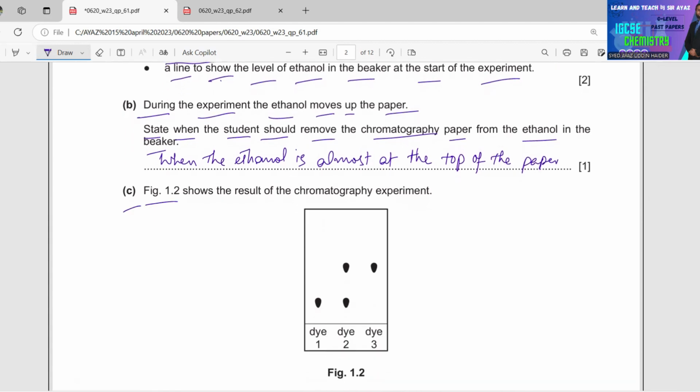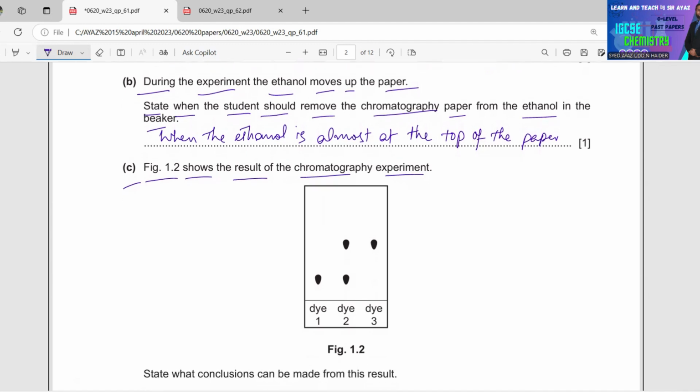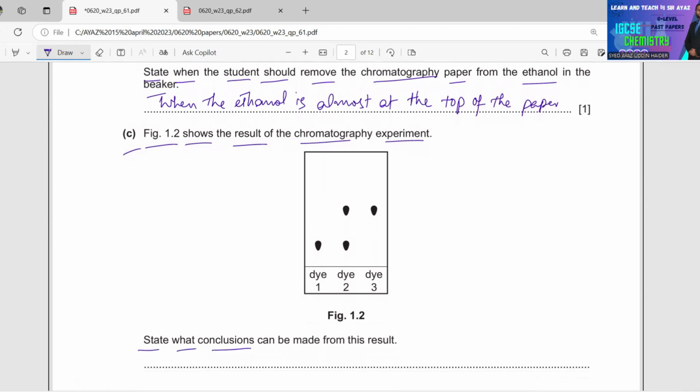Part C, figure 1.2 shows the result of the chromatography experiment. State what conclusions can be made from this result.